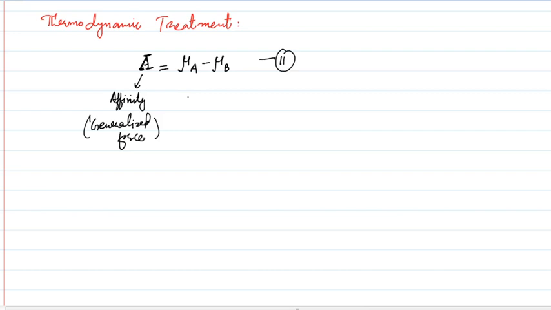Now we know the flux, that is the rate of chemical reaction according to the Onsager theorem, is proportional to generalized forces.